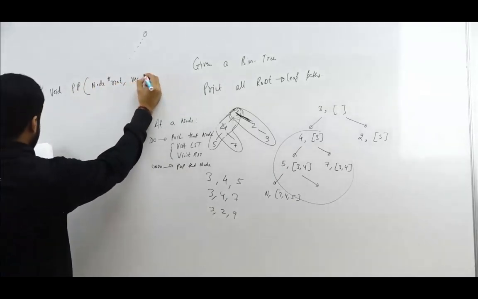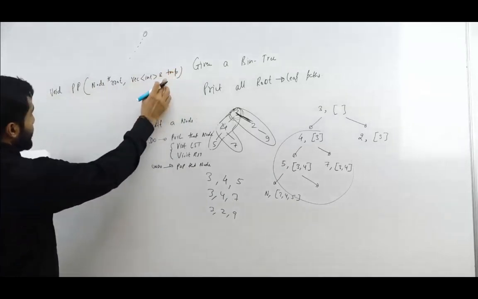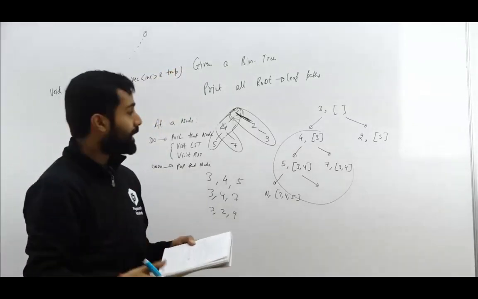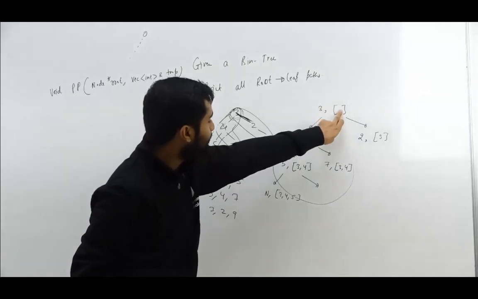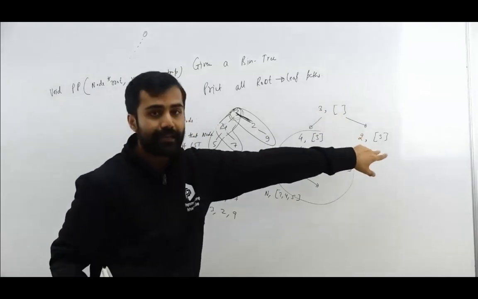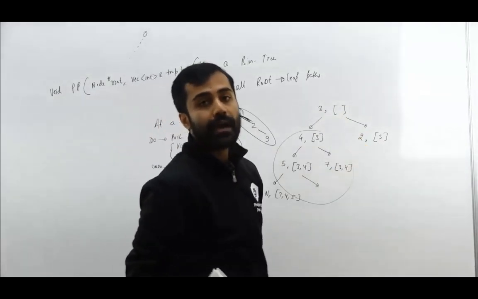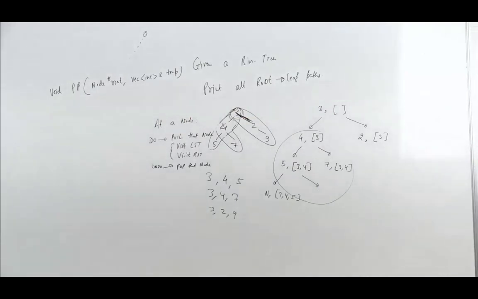So let's call that vector temp. Mind it, you are passing it by reference. Because whatever change you have done to this vector, if you have pushed this 3, you want that push to be reflected here as well as there. That is the reason you can't pass it by value. You have to pass it by reference. Does that make sense? Yes or no?